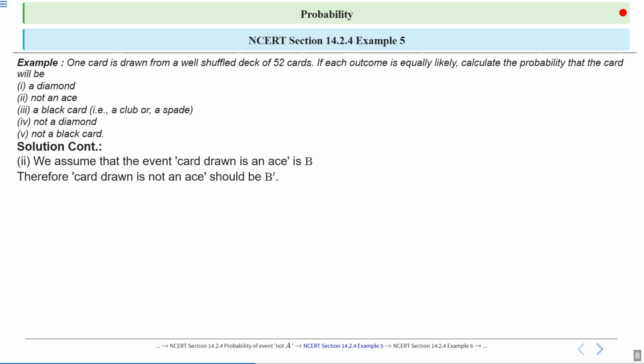We studied this in the previous slide: B complement is basically not B event.